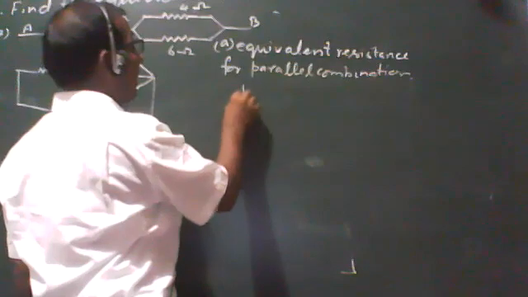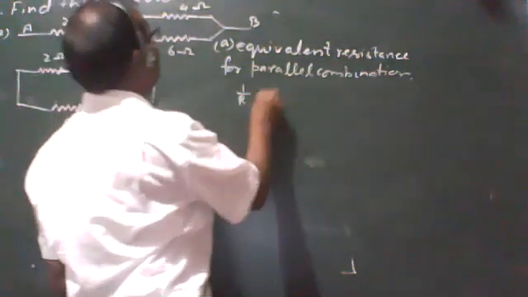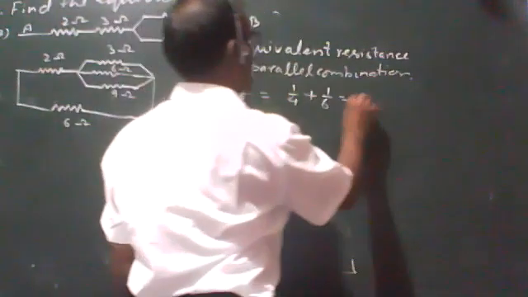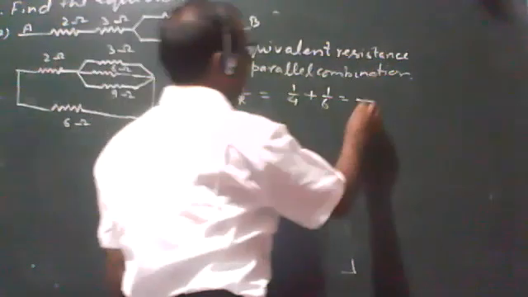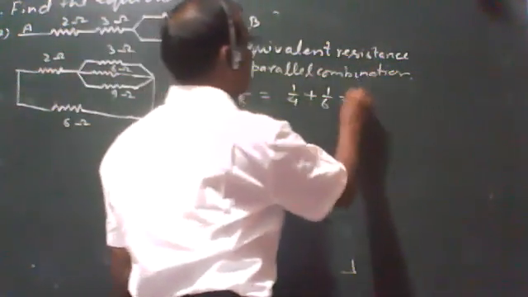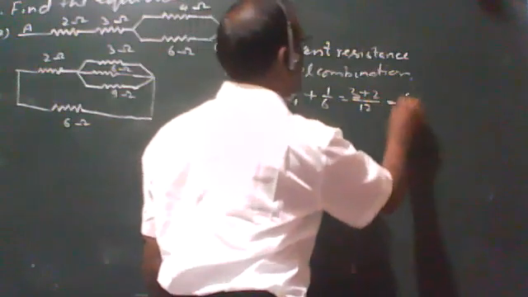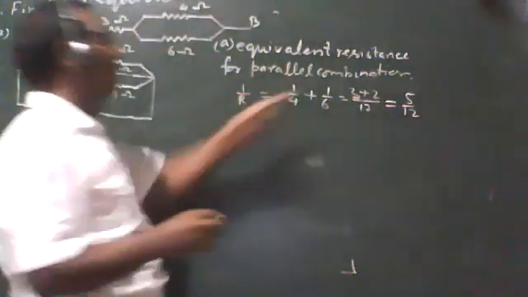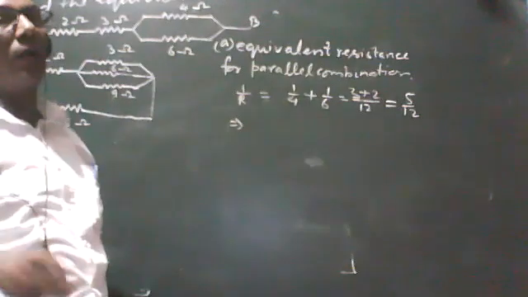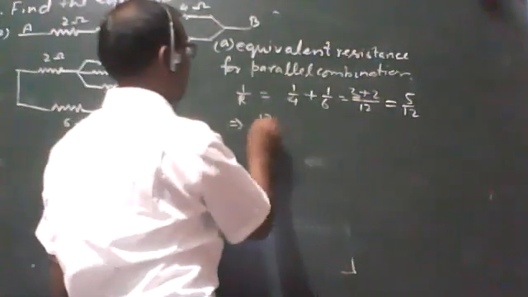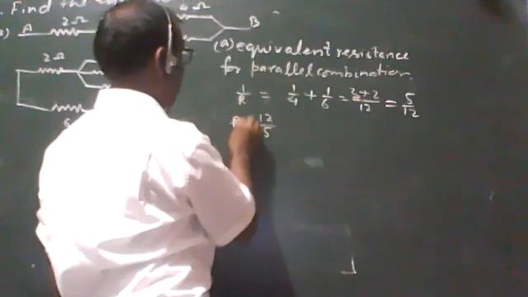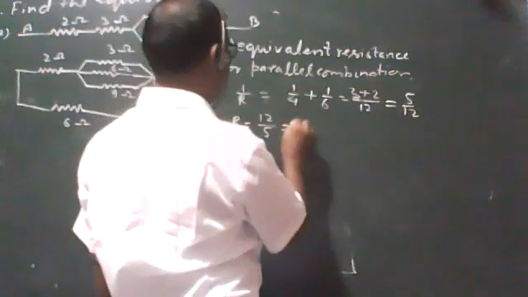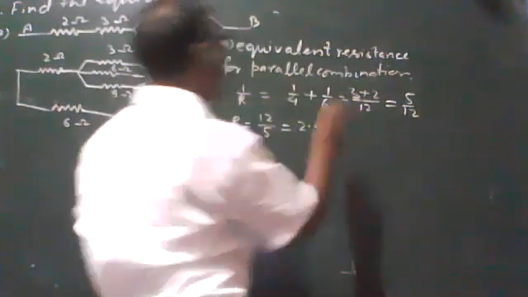Then 1 upon R is equal to 1 upon 4 plus 1 upon 6. The LCM will be 12. 3 plus 2 is 5 by 12. 1 upon R is equal to 5 by 12. Then R is equal to 12 upon 5, which is 2.4 ohm.